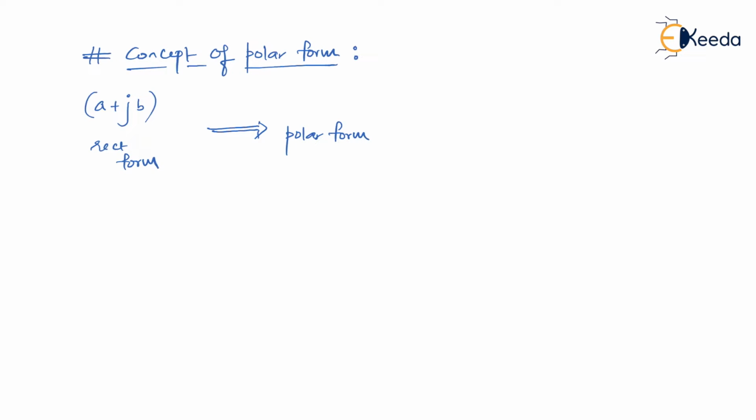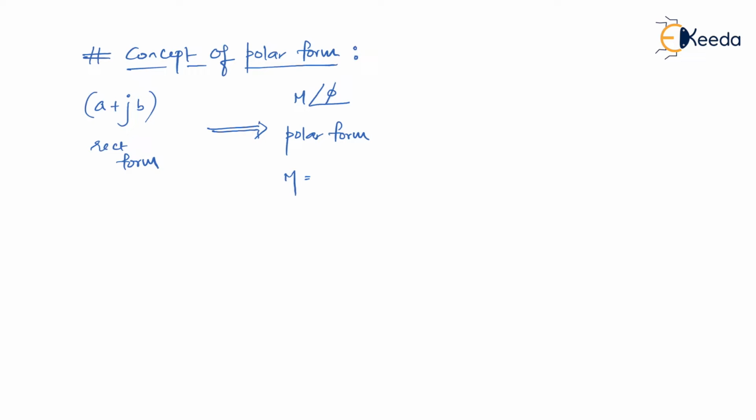Try to understand the exact pattern of polar form, that is M at an angle of phi. So to express A plus JB in the M at an angle of phi form, we need to calculate M as well as phi. How do we calculate M? Very simple.